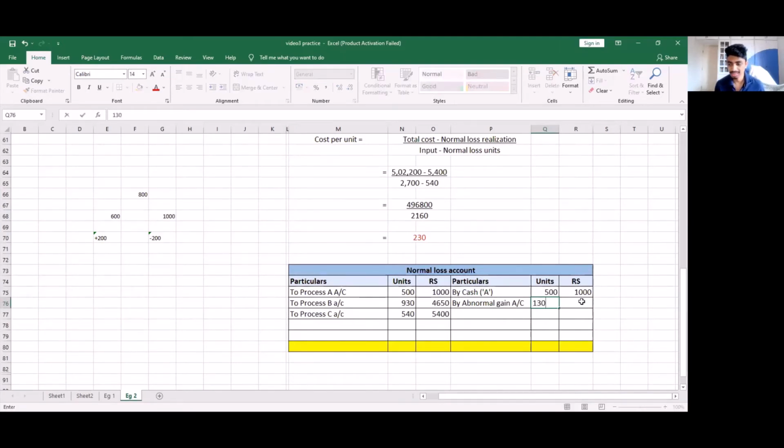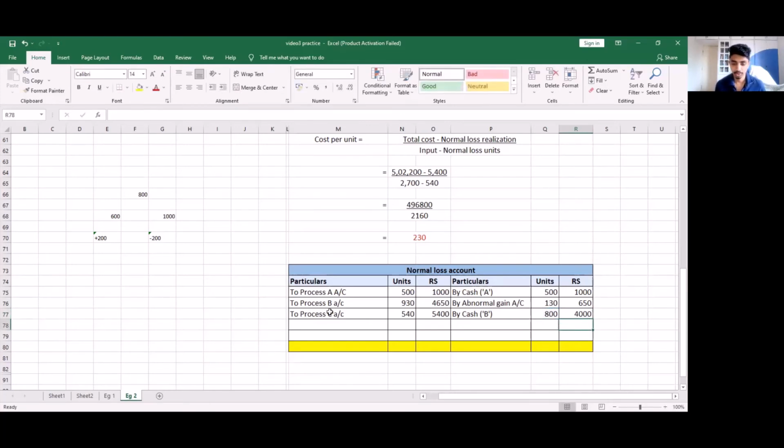And we know the scrap value in process B is rupees 5. So 130 into 5 is 650, which we will not realize. And the remaining is what we will realize as cash value. So this is going to be accounted as by cash for process B, the remaining 800 units at the value of 5 per unit.